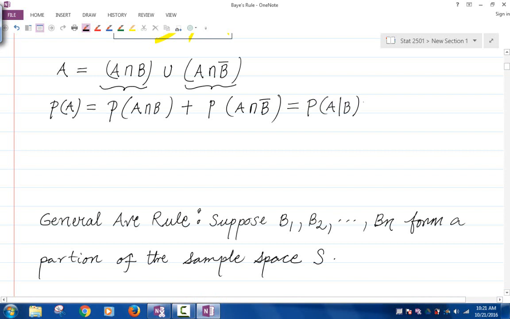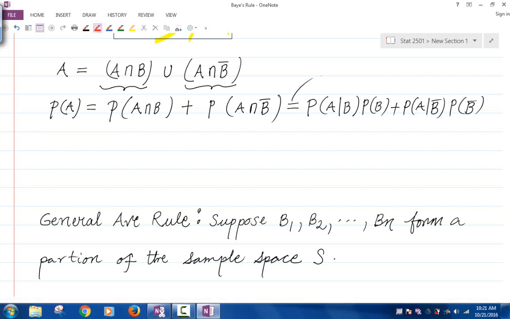It is the probability of A given B times the probability of B plus the probability of A given B complement times the probability of B complement, right? So this is where we apply the multiplication rule, right?